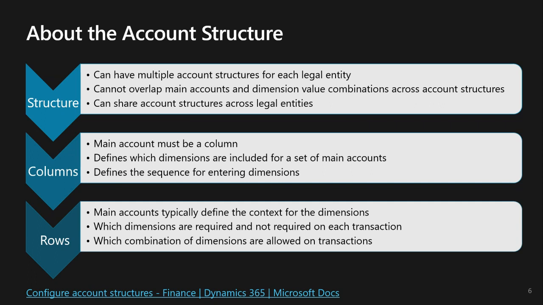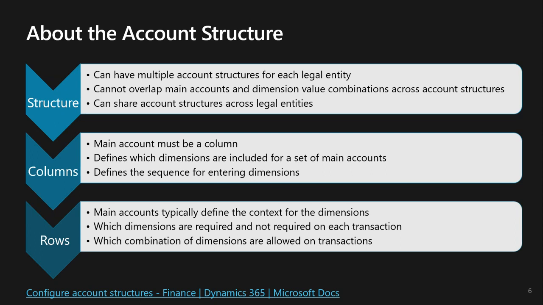By default, when you create a new account structure, the main account will be the first column, but you can move it by adding another segment or a dimension and moving that segment or dimension to the left of the main account. We do recommend that you put the main account as close to the left as possible in the account string for ease of use and data entry.